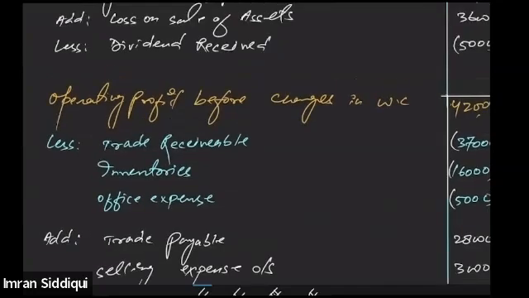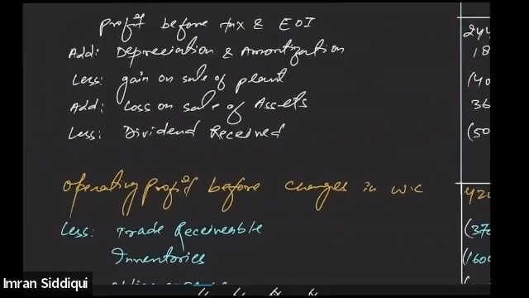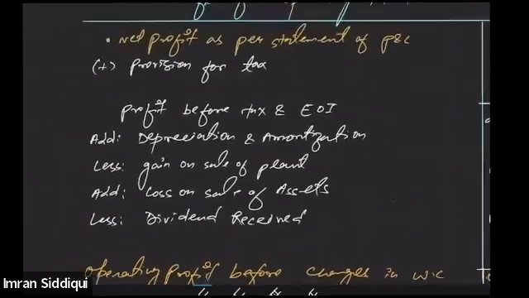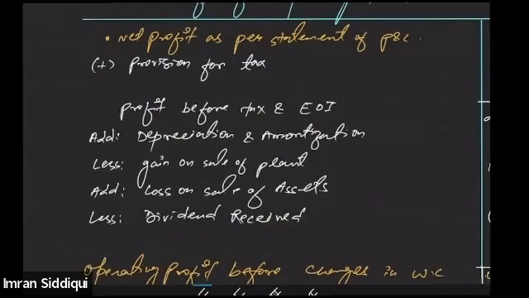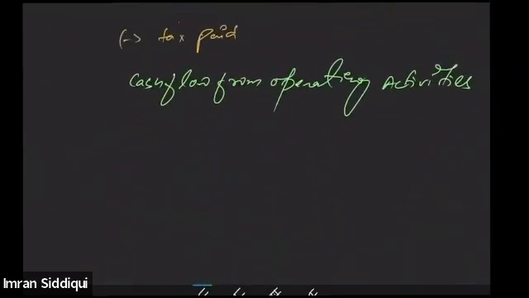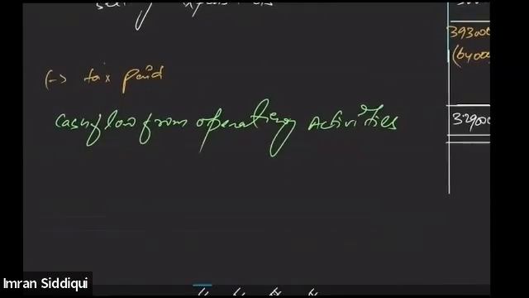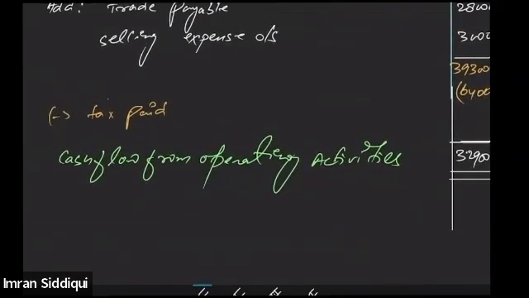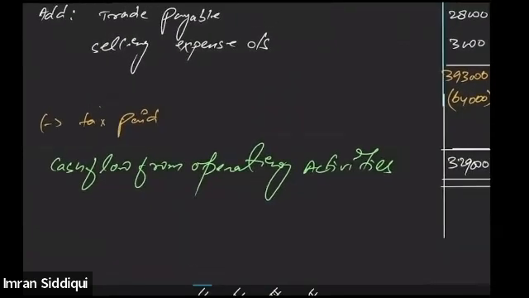Since the format requires us to first find out the operating profit before the changes in working capital, or in fact, as per the format, the profit before tax and extraordinary items, we have to add it. And later, when we want to eventually find out the cash flow from operating activity, at that time we need to subtract it. This is just because we are going as per the format. All right. Okay, sir. Understood.